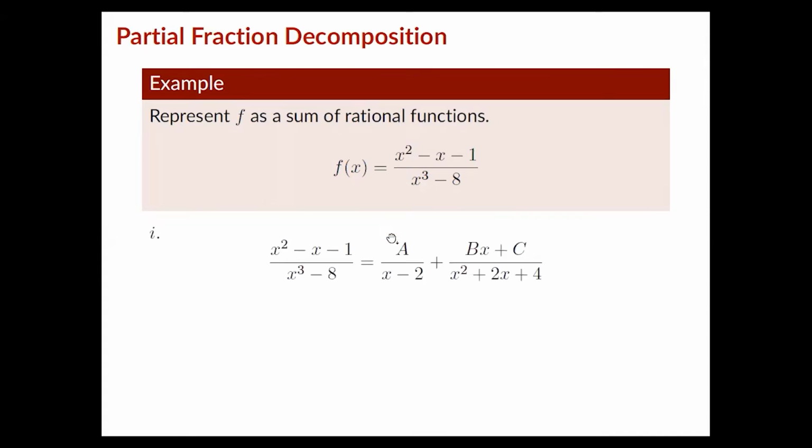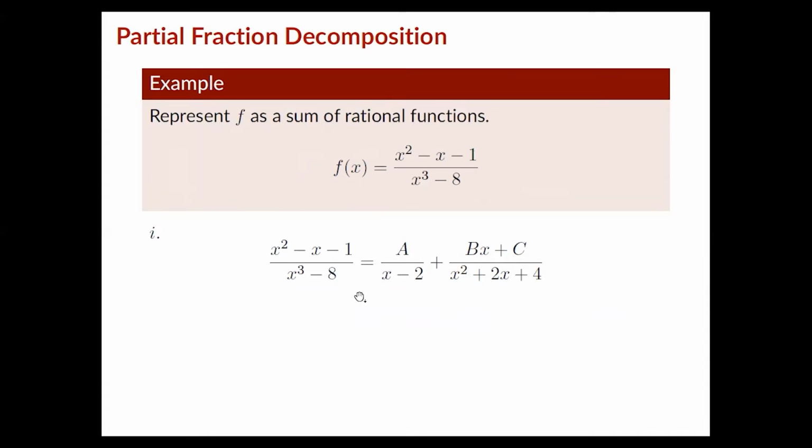So we have this sum of rational functions, a over x minus 2 plus bx plus c over x squared plus 2x plus 4. Take note here na ang degree ng numerator ay laging 1 less than the degree of the denominator.